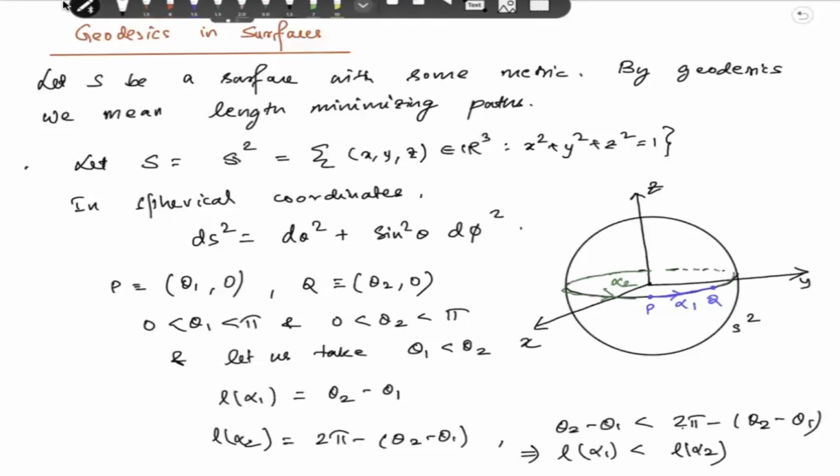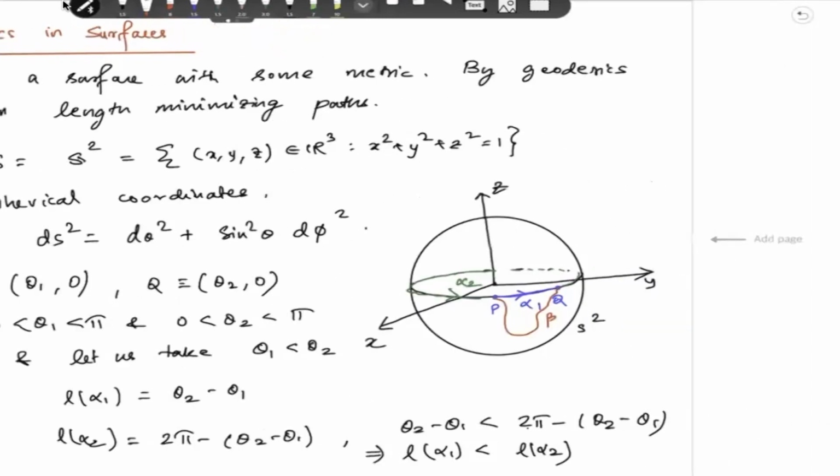This is only about these two paths, alpha 1 and alpha 2. Now let us take any other path, beta, joining P and Q in S2. Let beta be any differentiable path, or you can take a piecewise differentiable path also.